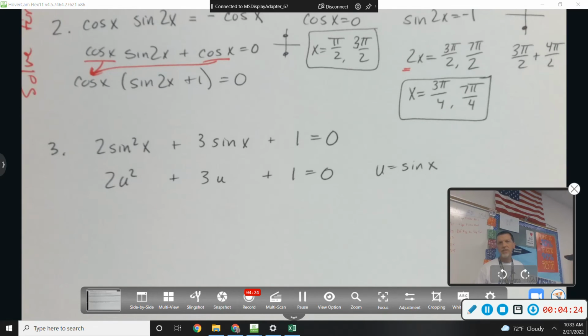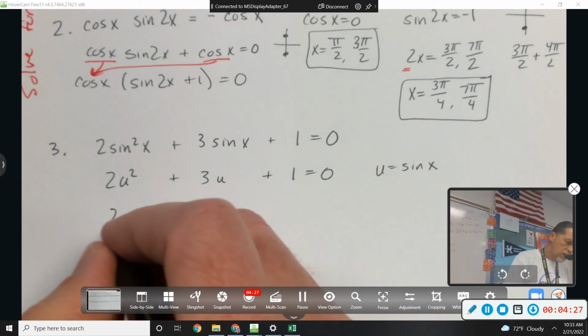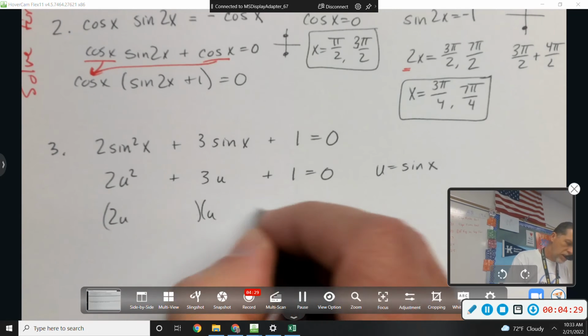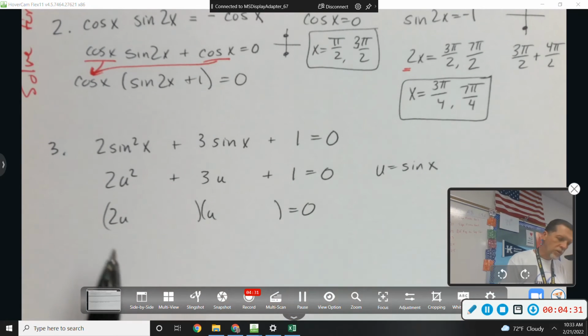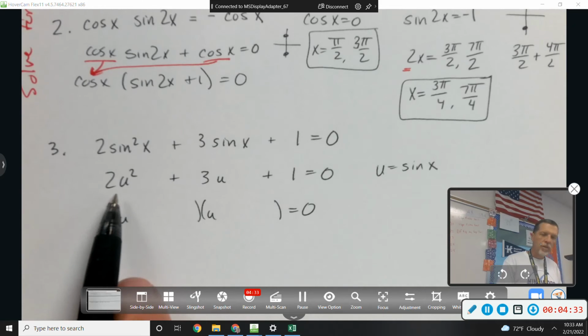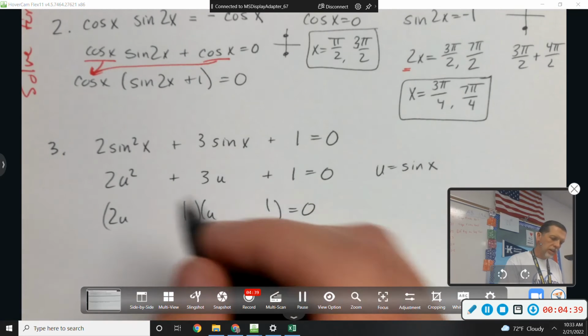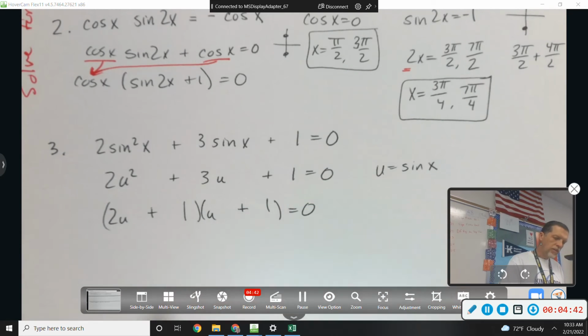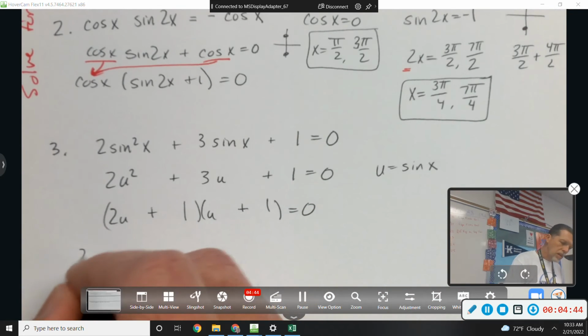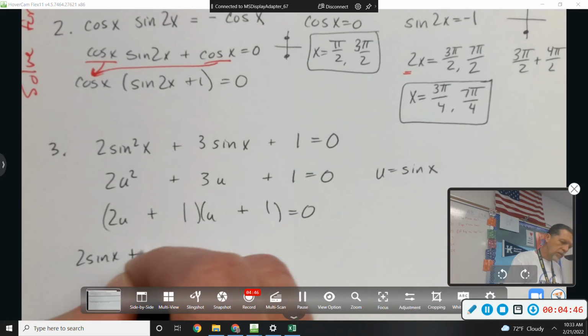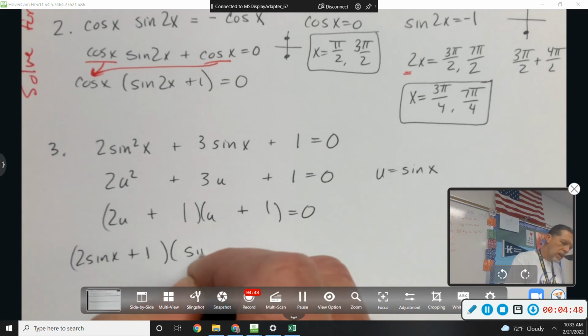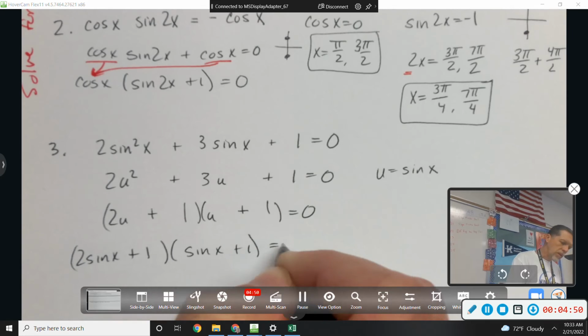Rather than looking at sines, we're looking at u's. This is about as easy as a one you could have, especially with a lead coefficient not 1. It's got to be 2u and u. It's got to be 1 and 1. And everything's positive. So 2 sine x plus 1 and sine x plus 1.